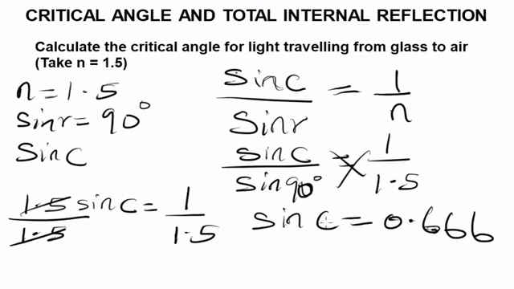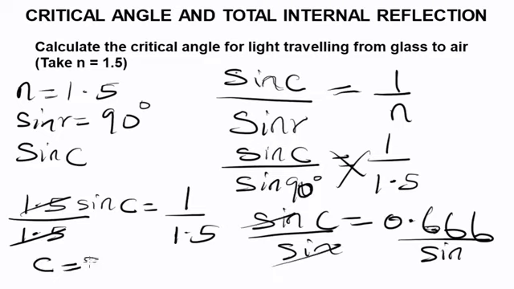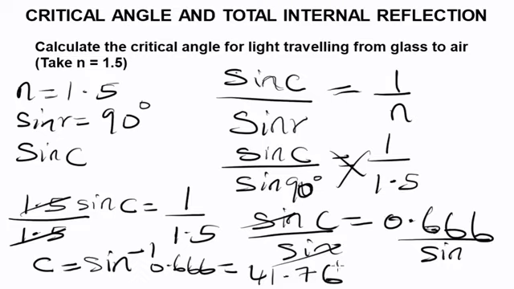So now to get the value of c, the critical angle will be sine inverse of 0.666, which will give us, let me punch it, 41.76 degrees if you are giving it in 2 decimal places. So this will be the critical angle.